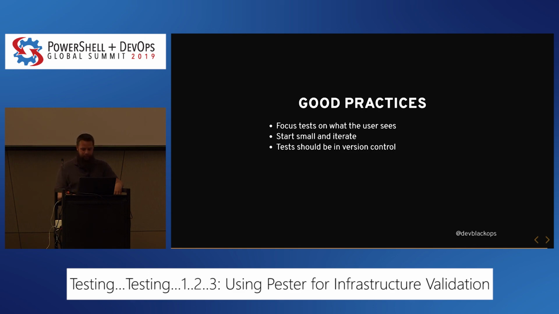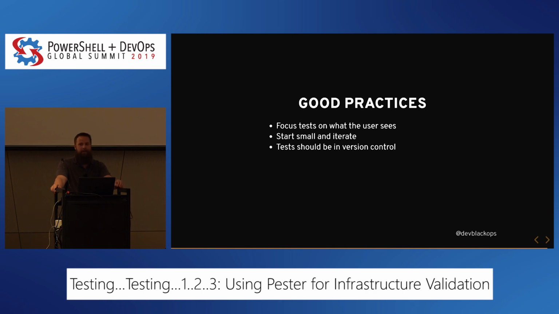Thank you. These tests should be in version control, ideally as close to the application as possible. The way I typically have done this in the past is I will have a Git repository per application or per service. Within that, I will have code to manage the application, maybe deploy the application. The documentation for the application should also be in that same repository, in my opinion.